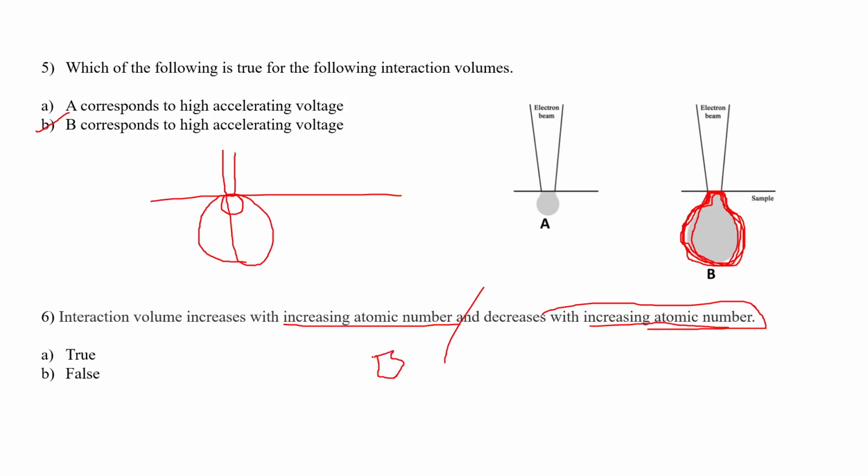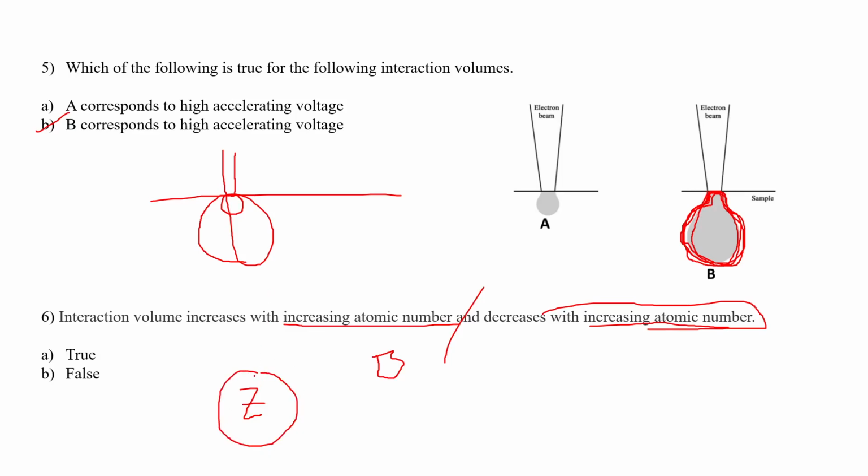Lower interaction volume, why? Because if you have an element with a higher atomic number Z, it will have more electrons. The more electrons, the higher the repulsion of the incoming electron by the electrons of this atom itself.